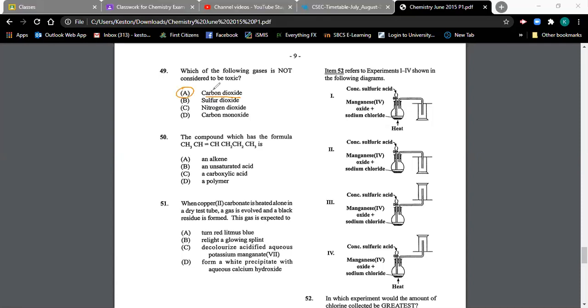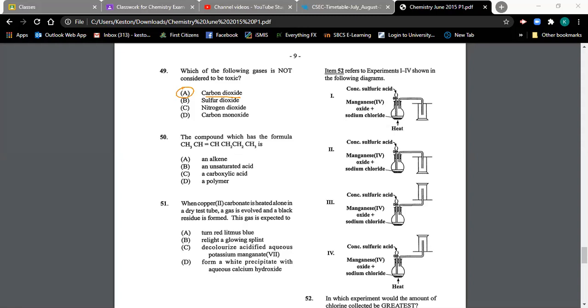49A. Right, I just checked all four of them. Carbon dioxide is only harmful in very large quantities. With carbon monoxide you could suffer from carbon monoxide poisoning. Nitrogen dioxide is also toxic. Carbon dioxide has health effects, but low concentrations are not harmful.